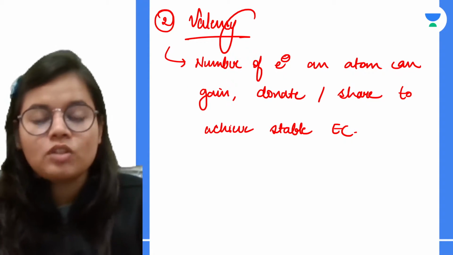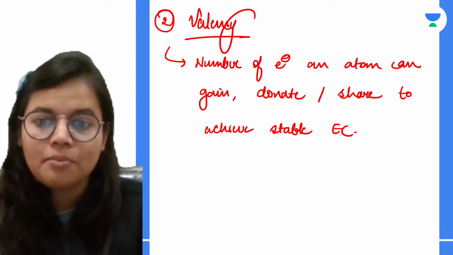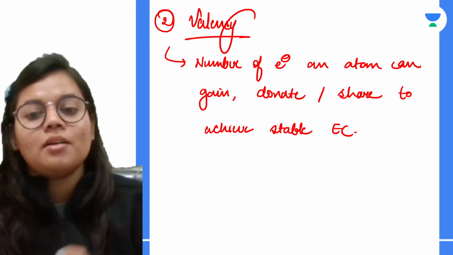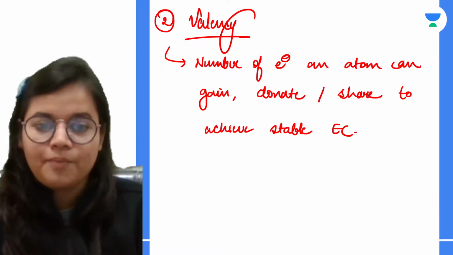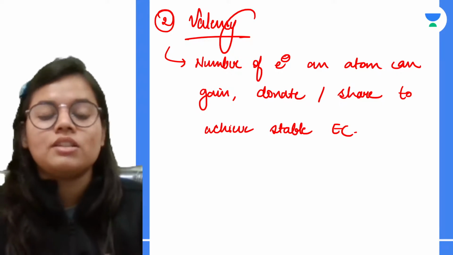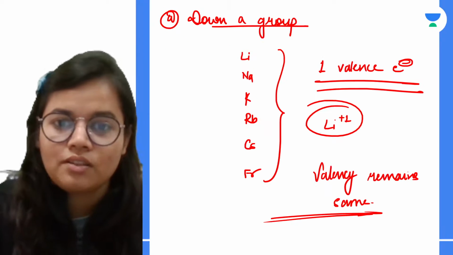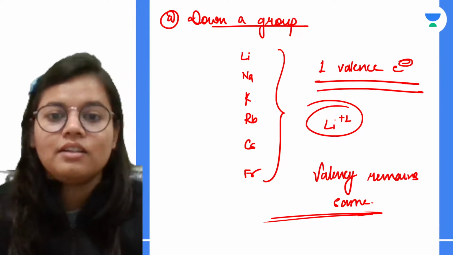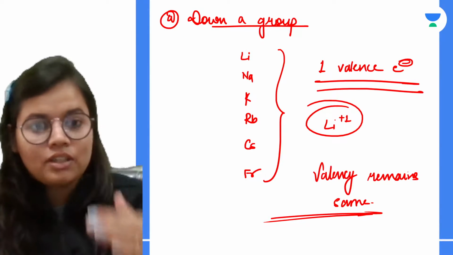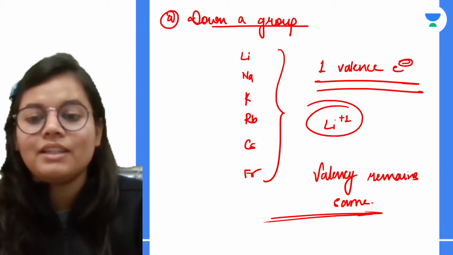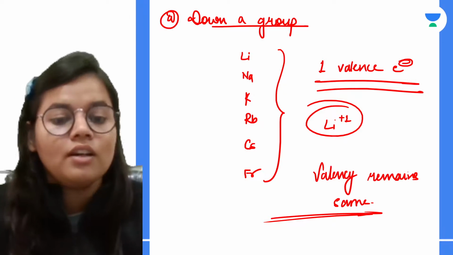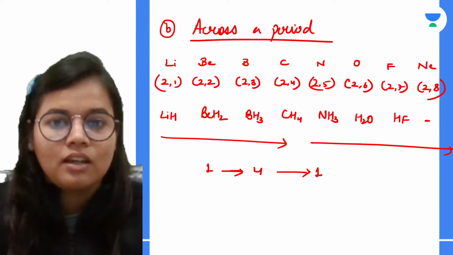Next is valency. Valency is the combining capacity of an atom. It is the number of electrons an atom can gain, donate or share, to achieve a stable electronic configuration. Down a group, the number of valence electrons remains the same, and that is why the valency also remains the same.